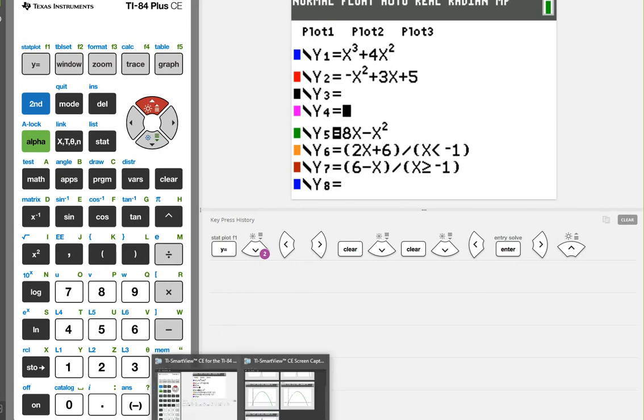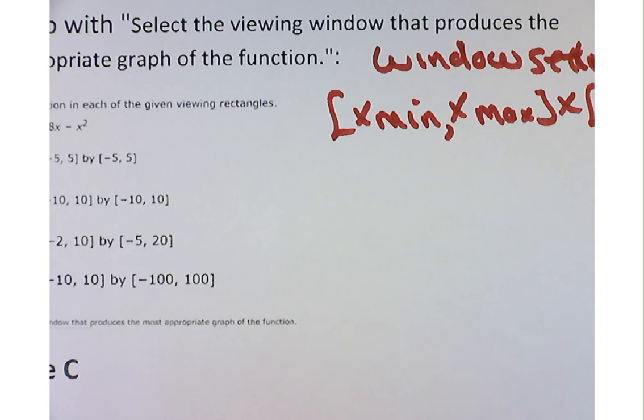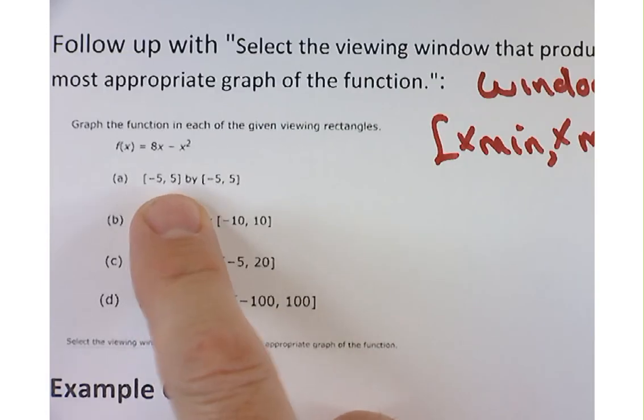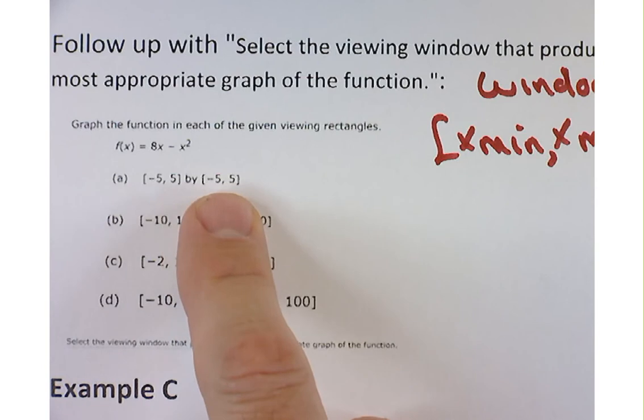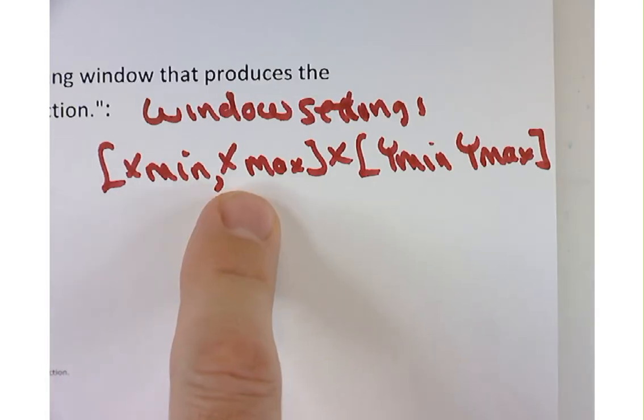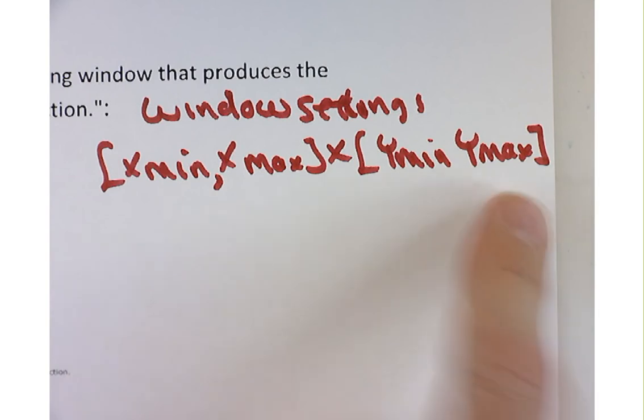Let's get to the right window here. There we go. So they're giving you -5 to 5 by -5 to 5. What they're giving you are the X-min, the X-max, the Y-min, and the Y-max. Those are the window settings that you're going to need to pick up from this.